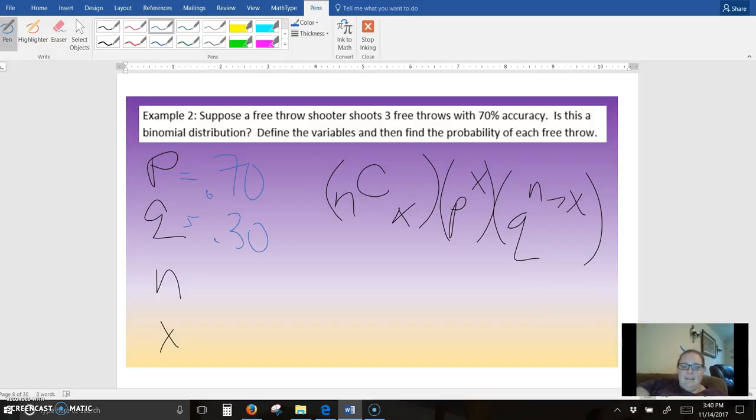N is how many, so they did 3. And X, it doesn't tell us in this particular problem how many were made. We're not going to do this piece out. I just want you to know how to find the stuff.